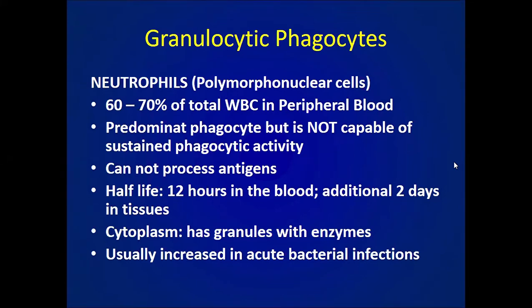In the cytoplasm, as I have mentioned earlier, they contain granules, and these granules contain enzymes. Once the neutrophils are elevated in your blood, it may signify acute bacterial infections.